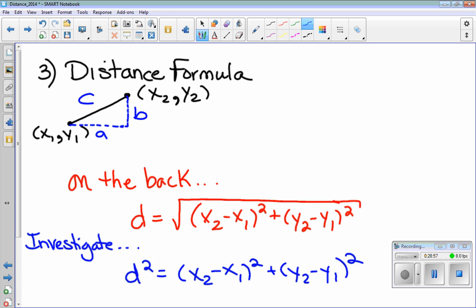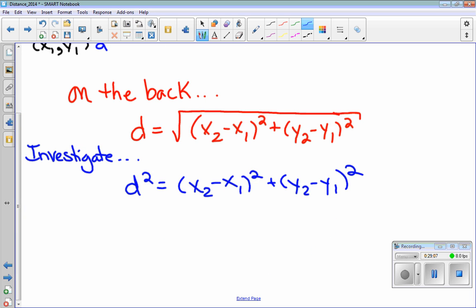So if I subtract the x's and square them, I get this. If I subtract the y's, I get this. So a squared plus b squared equals c squared is really just this. This is a squared, this is b squared, and this is c squared. The Pythagorean theorem is just the distance formula. It's just more numbers to worry about. Okay, it's not hard. They're the same thing.